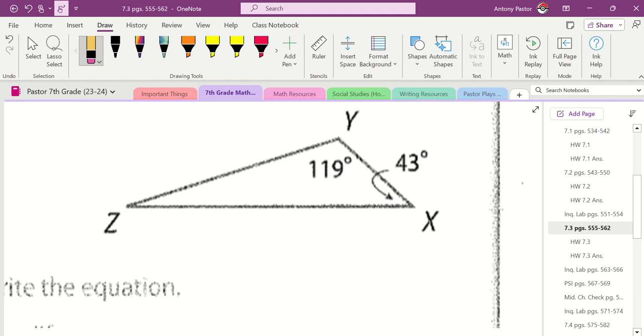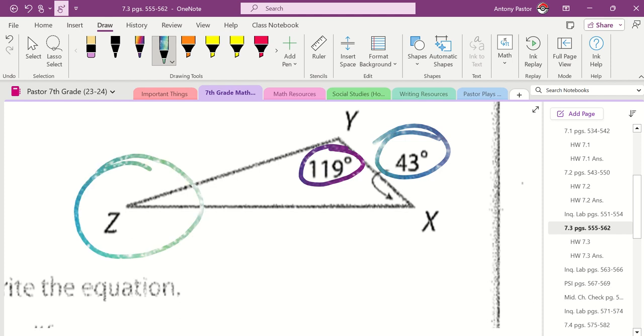Who can tell me the algebraic equation to help solve our missing angle? Jason. We need to use the numbers. Missing one other thing. Brody, help him out.